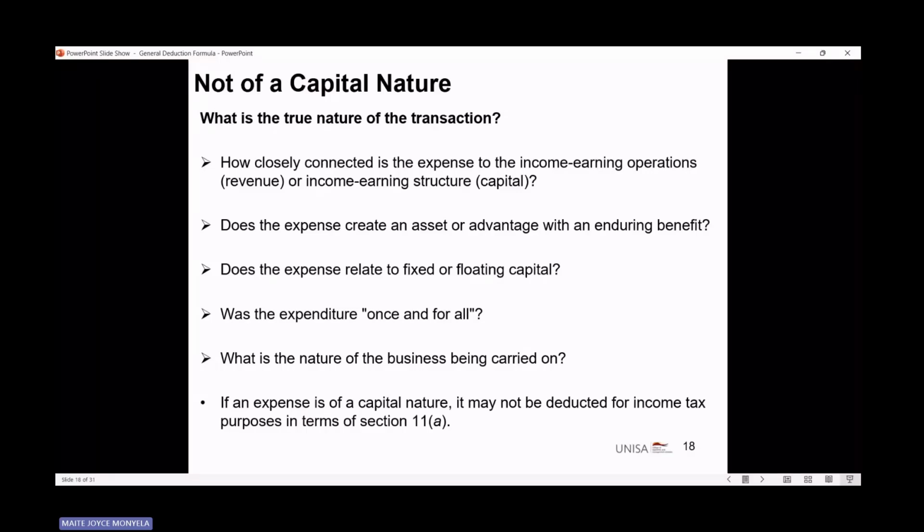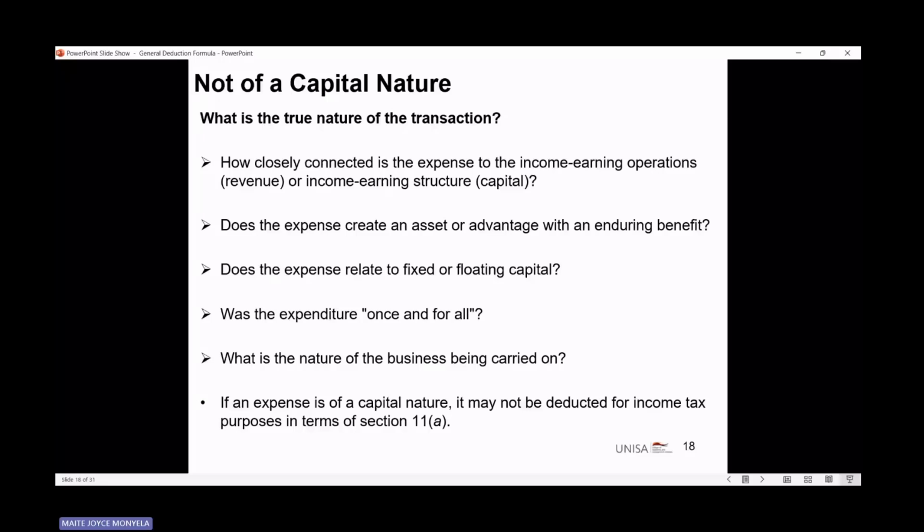So you need to ask yourself the following questions: how closely connected is the expense to income in an operation? Is it capital or revenue in nature? Does this expense create an asset? Is it fixed or floating? Is it once and for all?